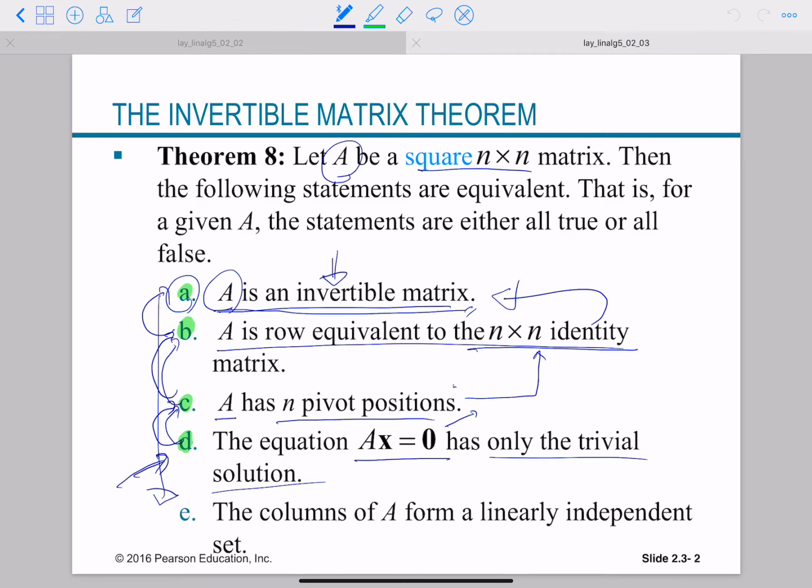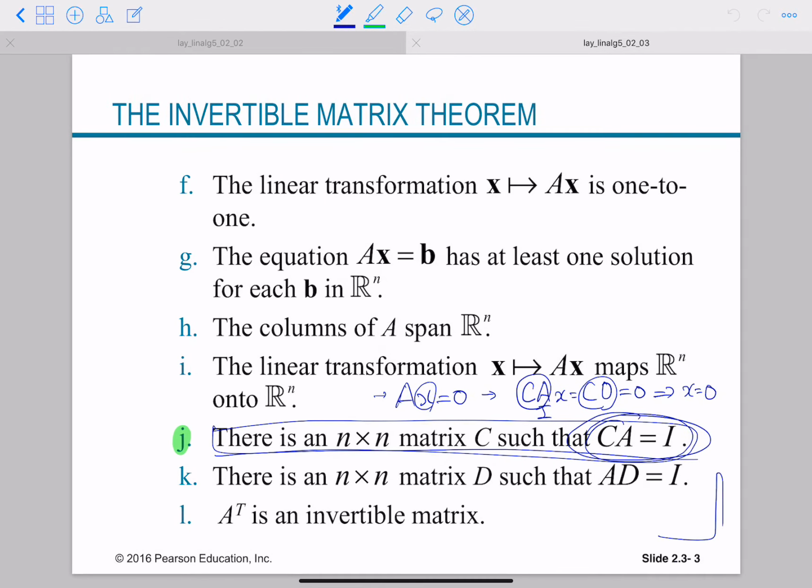A, K, G, A, and then A to K. So K is also part of our definition of the inverse matrix, right? So we can easily move to K from A, and then let's move to G in this case.